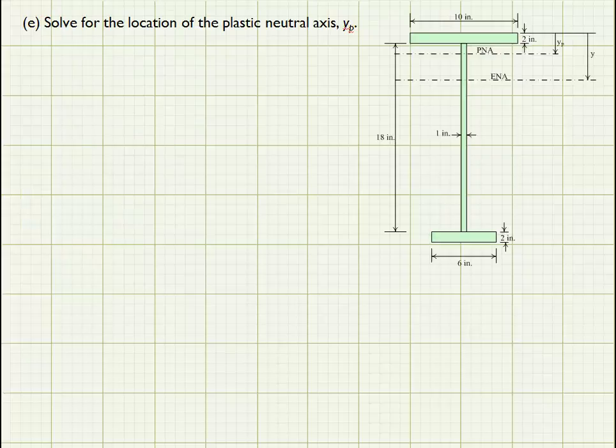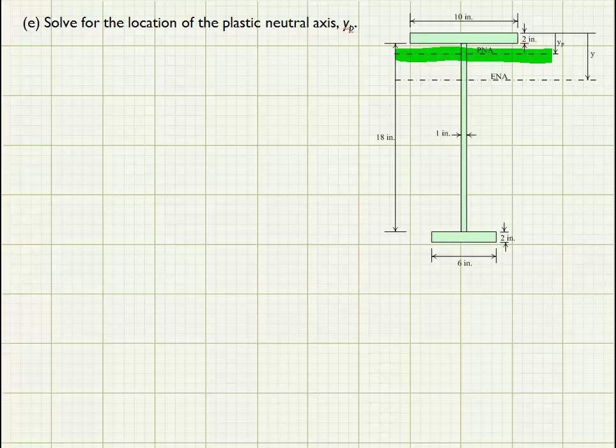and we're going to consider this same shape, and we're going to solve this time for the location of the plastic neutral axis. So now we know where the elastic neutral axis is, but we don't know where the axis is when we're looking at the stresses being completely yielded through the depth of the cross-section.